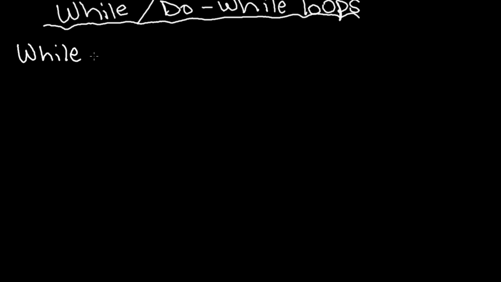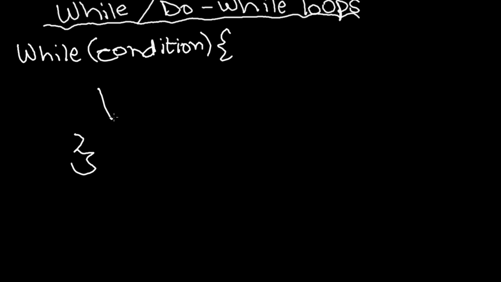Now why would you use a while loop over a for loop? Well, in a while loop what happens is it just works on one parameter, that's a condition. So a while loop only works on one parameter, which is a condition. As long as that condition is true, it will run. And a do while loop is pretty similar.